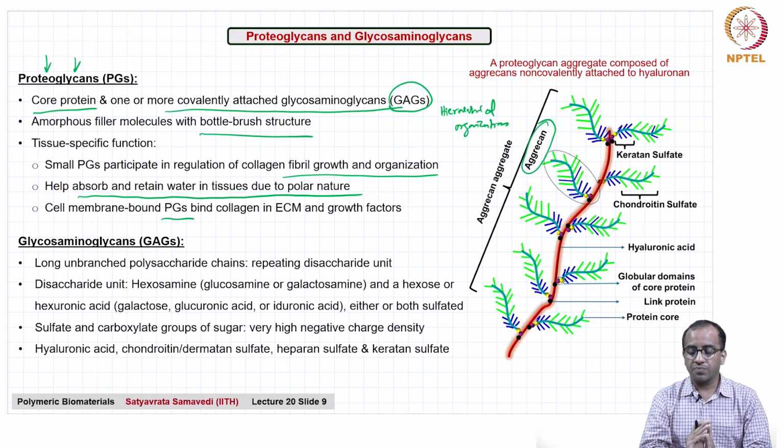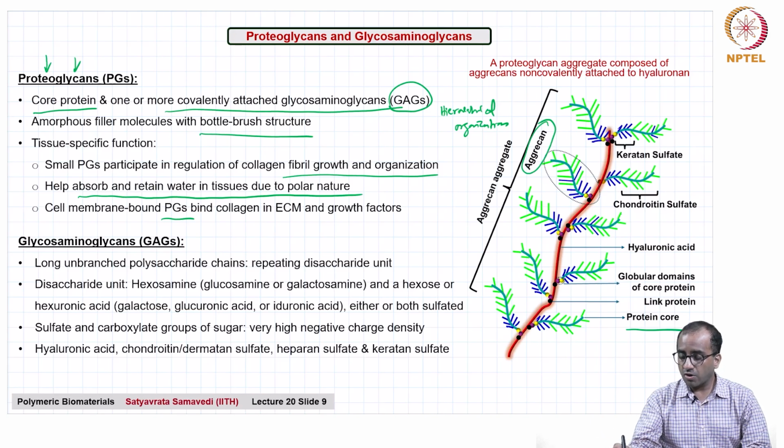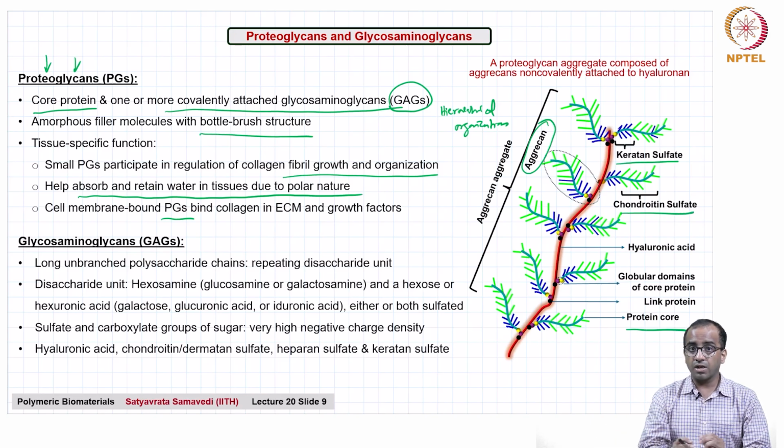So, they can serve as repositories of growth factors and can release them at will depending on the need. And what you see here is an Aggrecan aggregate, like we have said, where there is a protein core and there are these chondroitin sulfate and keratan sulfate glycosaminoglycans that stick out. So, there is a protein core for Aggrecan like for any proteoglycan, and then there are these long chain glycosaminoglycans that stick out.